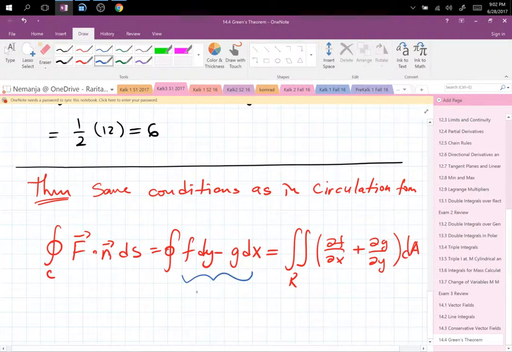This guy is known as the outward flux. And this puppy over here is called divergence.